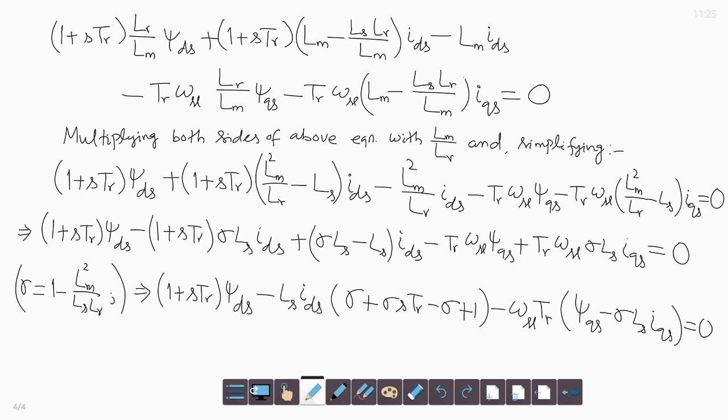So, here plus sigma and minus sigma cancels out.